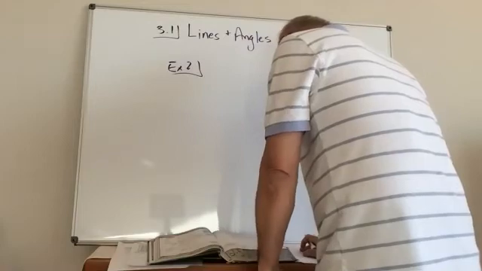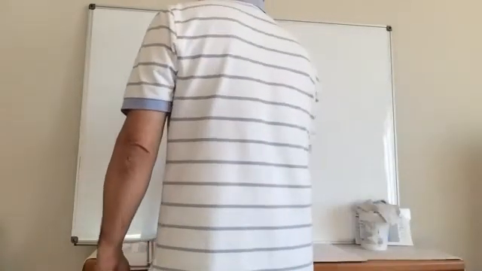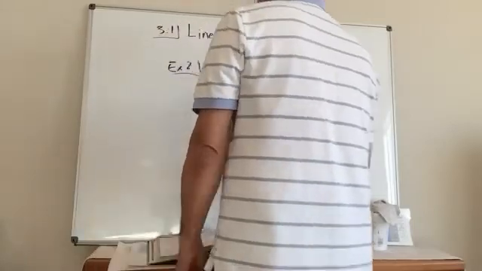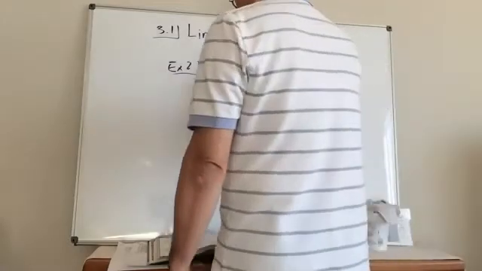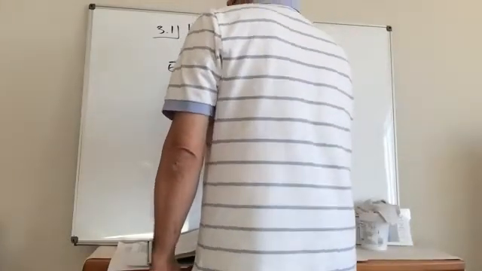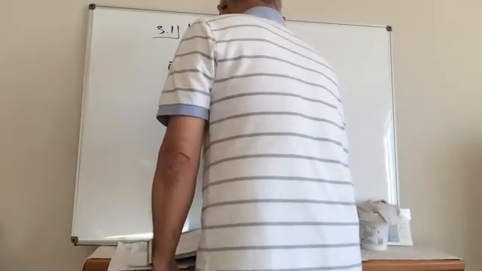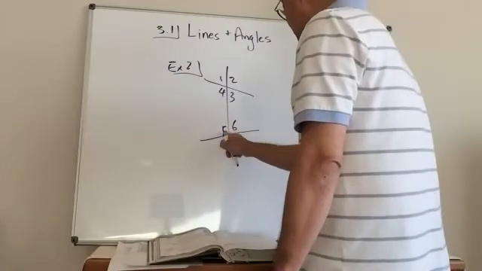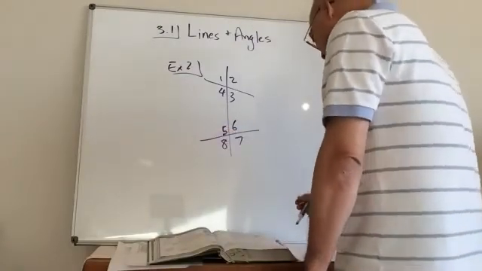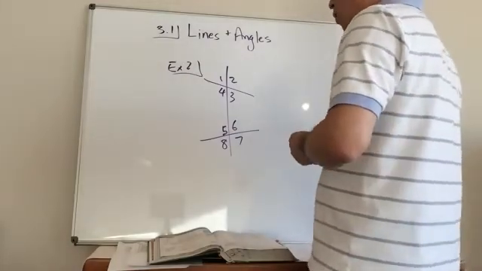Give an example of each of the angle pair, and you have 2 lines here with a transversal. 1, 2, 4, 3, 5, 6, 7, 8. So you have like that, 5, 6, 7, 8. A, corresponding angles. They have 4 and 8.